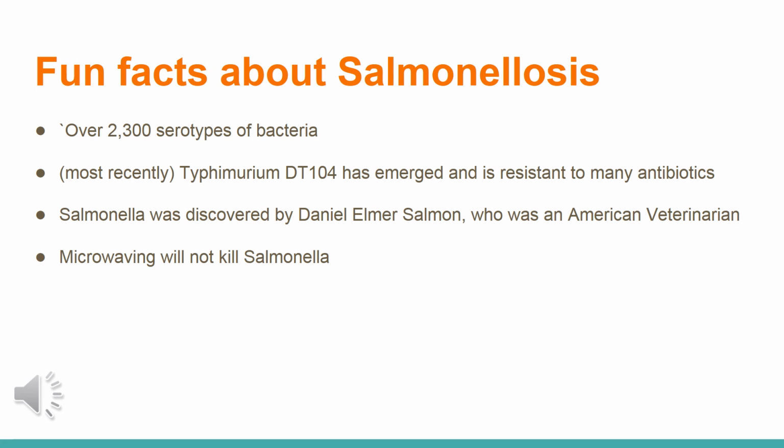Salmonella was originally discovered by Daniel Elmer Salmon, who was an American veterinarian. And contrary to what most people believe about killing bacteria with just any kind of heat source, microwaving will not actually kill salmonella, as the heat distribution in a microwave is really uneven and can leave a lot of the bacteria still alive.